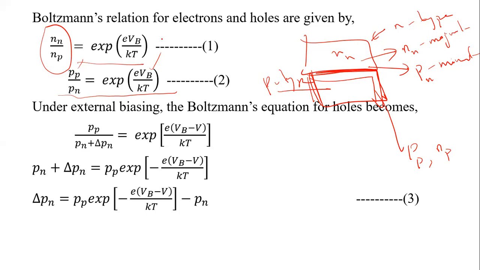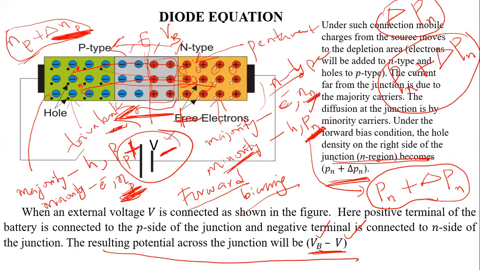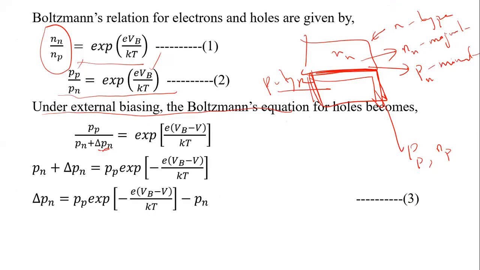Now, as I was saying, under external biasing, once you transfer holes from the p side to the n side, we have said that this Pn value increases by del Pn. Del Pn is the amount of charge transferred, the holes transferred. Under external biasing, we simply replace VB with VB minus V, like I said before.